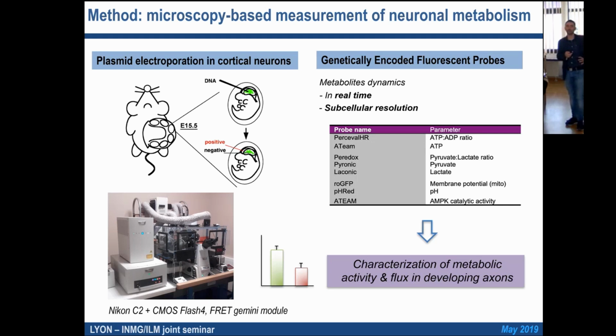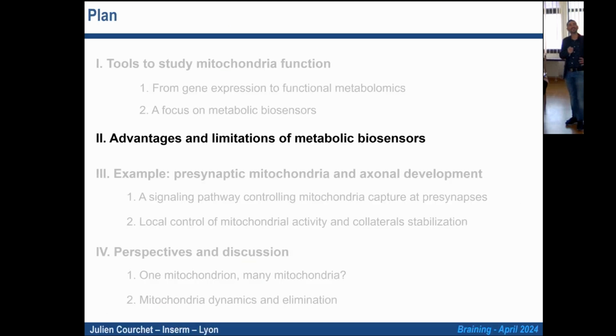Also some probes that will measure pH and the membrane potential of the mitochondria, as well as some probes that will measure the activity of signaling enzymes. And then you can measure metabolic activity in the live cell and measure metabolic fluxes. And in our case, we adapt that to measuring what is happening in terms of metabolic regulation in development.